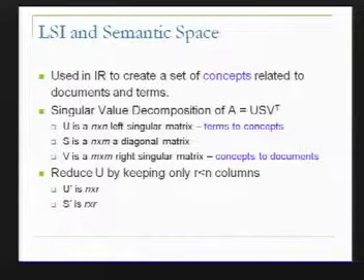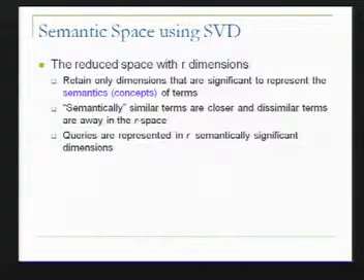If you look at the size of U, it's n by n, but if you just keep R columns, it gives you a concept space in which we can represent the terms using only R dimensions instead of m dimensions. So it's a dimensionality reduction.